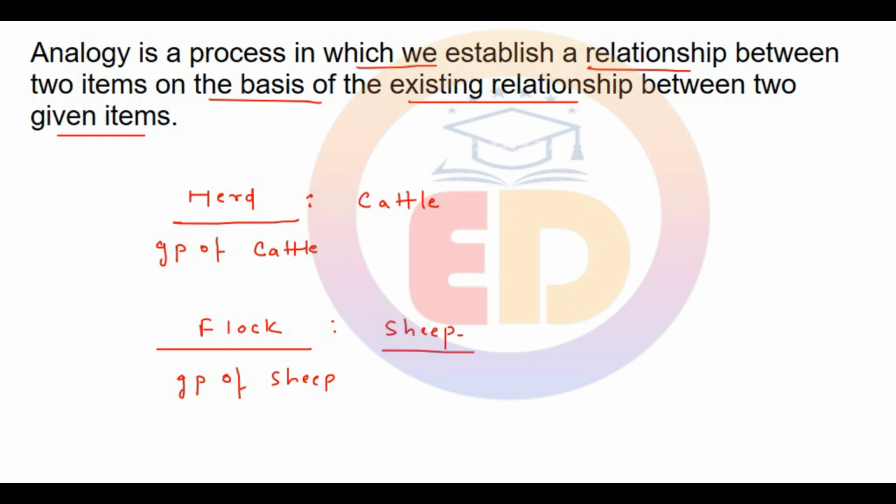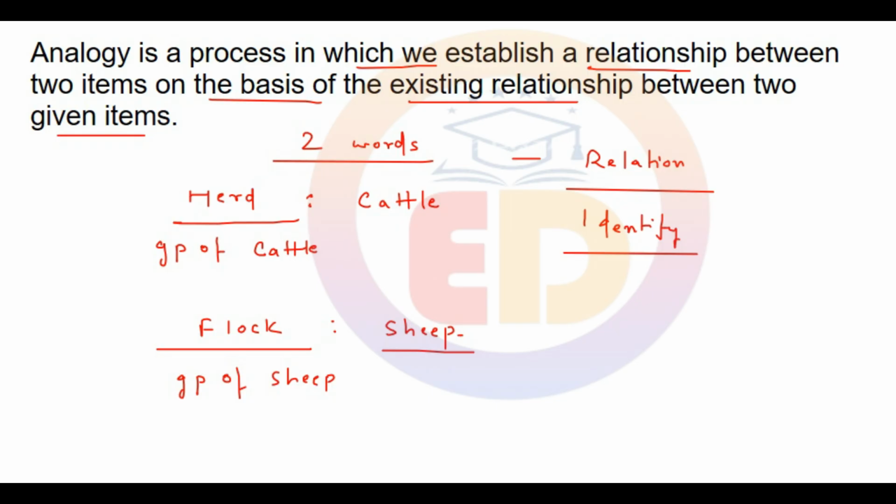Understanding the topic analogy, here two quantities, two entities, two words will be given, and they will have a kind of relationship. We have to identify this relationship and we have to apply the similar relationship in other group of words and find the answer.